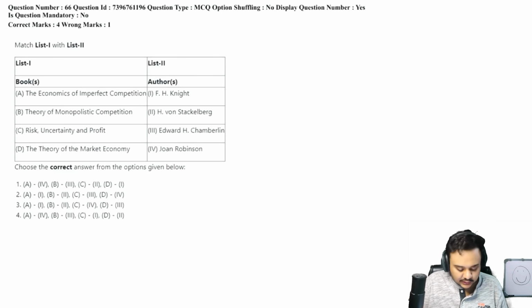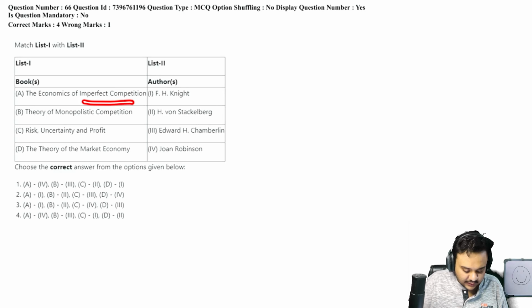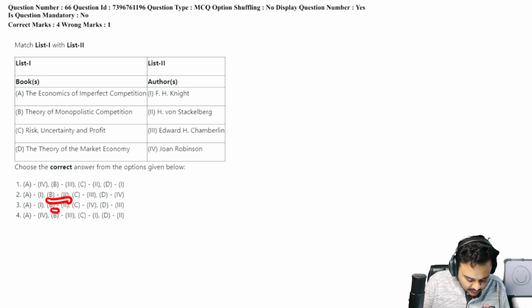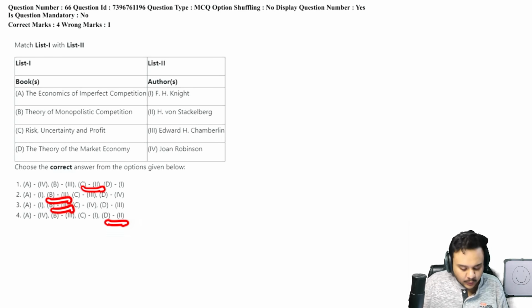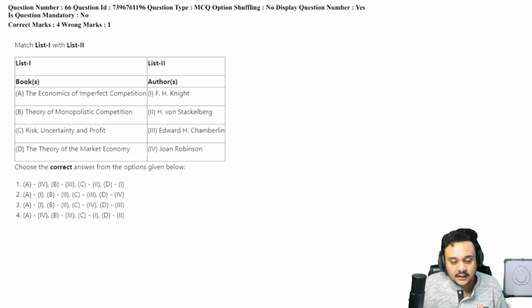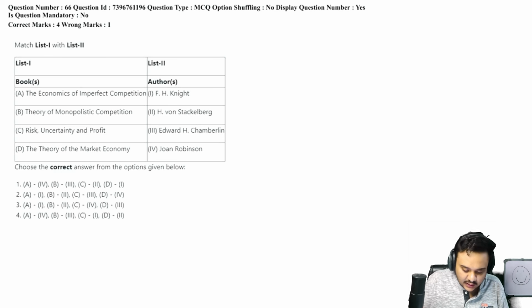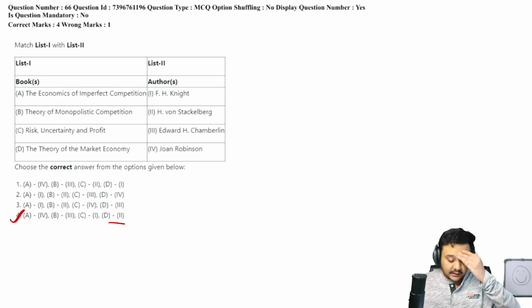It can also seem like imperfect competition is the answer, but if you look at the options, 2 is matched with either B, or D, or C. In no option have they matched it with A. That is why you will say that the only other book that is mentioning market is this. So you will match Stackelberg with D. Okay, so D is 2. So you'll directly get your answer with that.